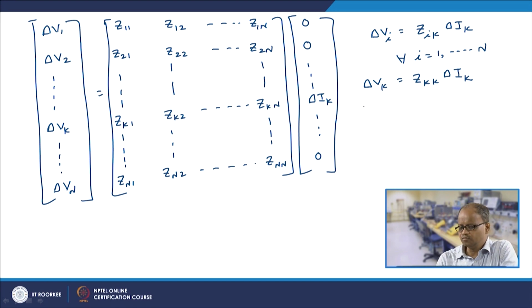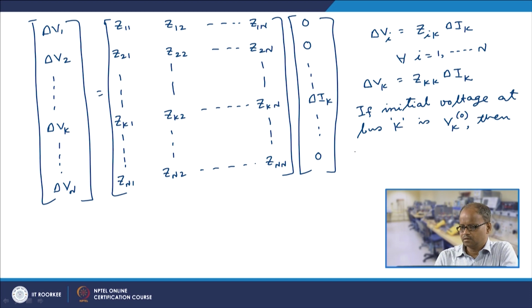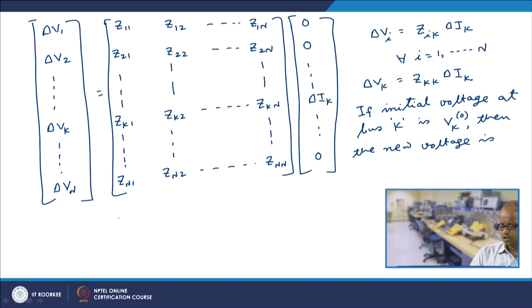So, if the initial voltage at bus k is V k naught, then the new voltage V k is equal to V k naught plus delta V k, that would be equal to V k naught plus Z k k delta I k.